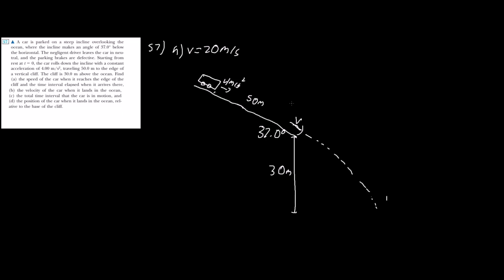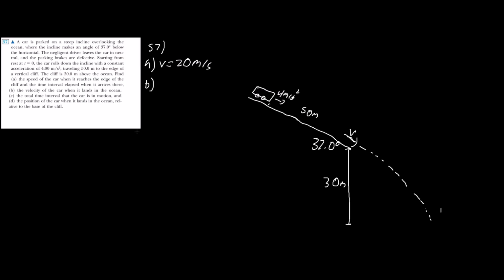Notice that this is going to be the slanted speed. All right, let's answer part B: the velocity of the car when it lands on the ocean. That's going to start from the initial component speeds. The velocity vector is going to be Vx and Vy.